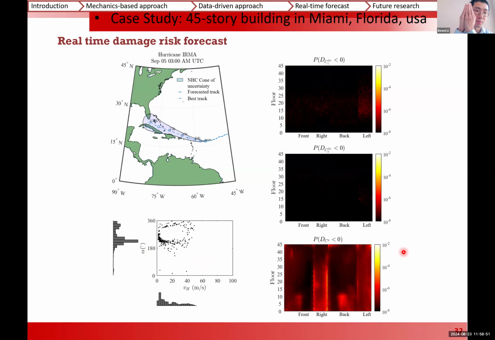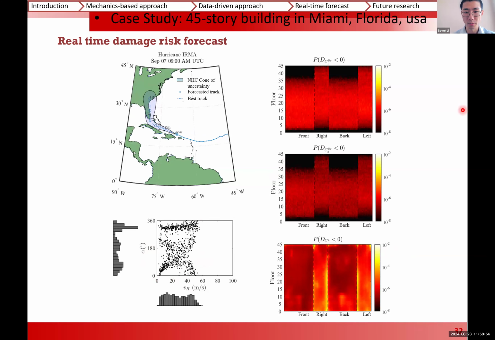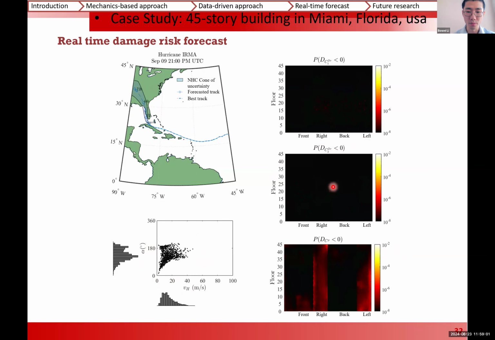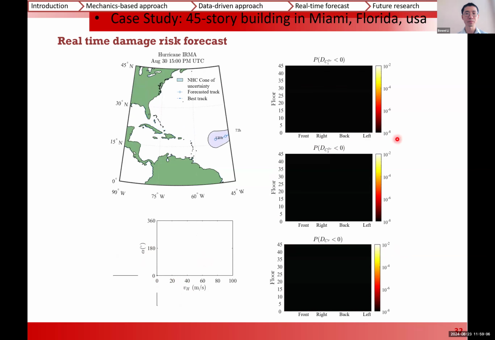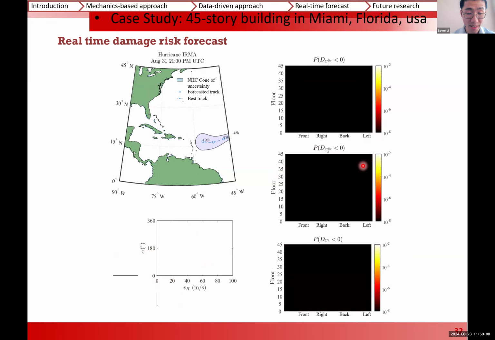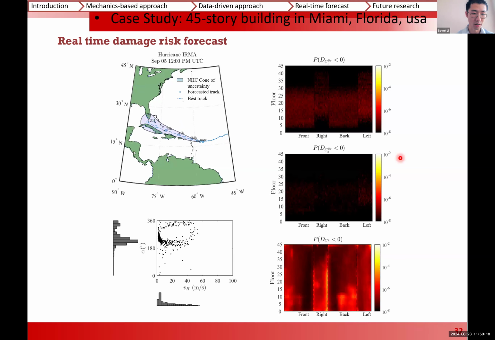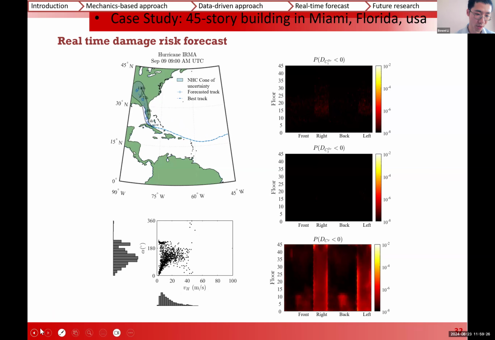You can unfold it and plot it as front, right, back, left surfaces, and you can visualize the damage risk corresponding to the 3 sources of damage. With that information, if you observe that the damage risk is pretty high, of course we can take precautions, evacuate expensive devices and that kind of stuff to lower the loss and enhance the resilience.